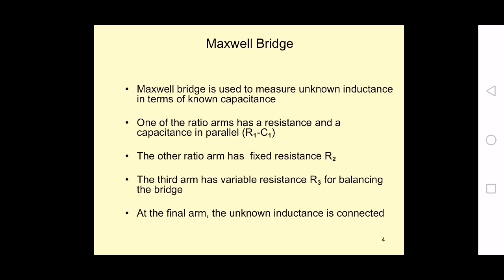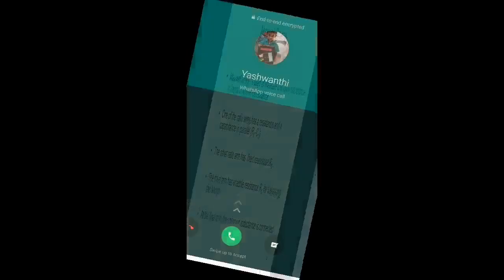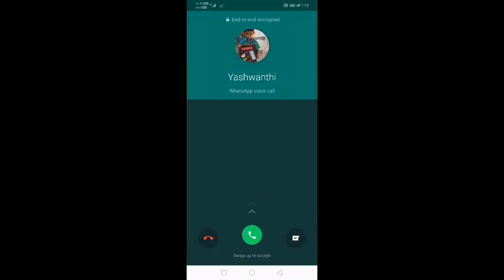The third arm has a variable resistance R3 for balancing the bridge, and the fourth, final arm is where the unknown inductance is connected with an unknown resistance. As in a DC bridge we have only resistances, this Maxwell bridge is an AC bridge.